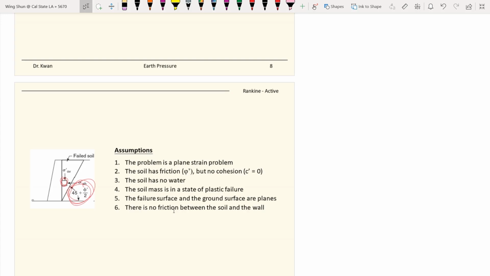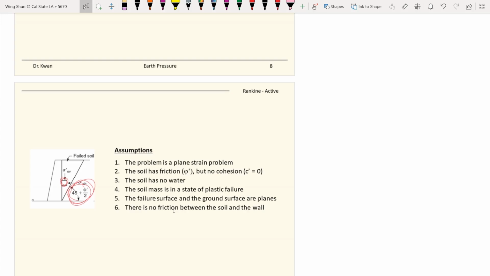Which means sigma 1 keeps increasing. So when you draw more circles, the radius and diameter keep increasing, increasing, increasing to a point that you fail. So if you draw more circles, it's evolving circles, and now they just look at the point of the failure. So at sigma 1 equals failure.